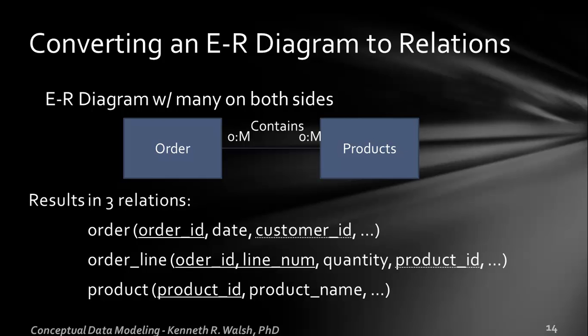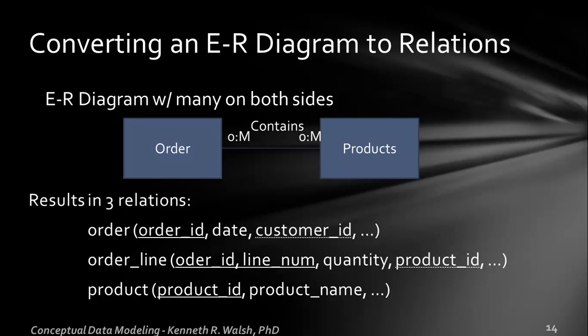Second example with the many on both sides of the relationship in the entity relationship model. An order contains many products. A product is contained by many orders. The order and product relations follow from the order and product entities.